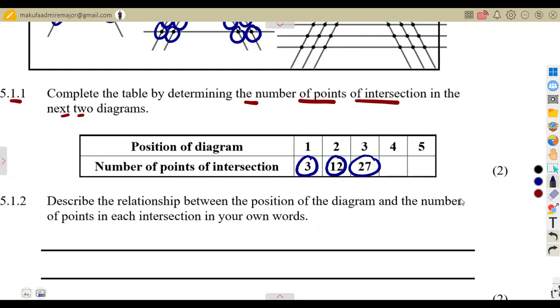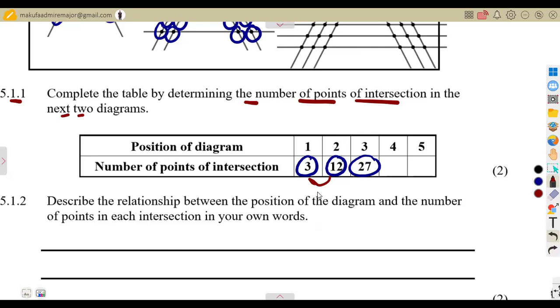Remember, we talked about relationships when considering patterns. Is there a relationship that can be considered between the terms? All right. If you were to consider the first one is 3, the second one is 12. What is the difference between these two? Let's say you were to consider the difference 12 minus 3.